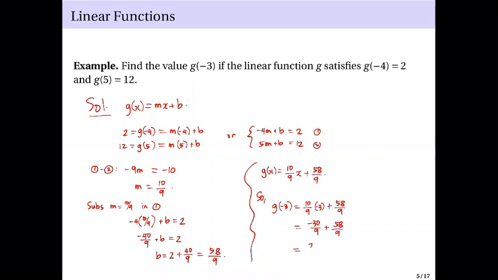And this is just 28 over 9. So this is the value of g of negative 3 if the function g satisfies these equations. Any questions?